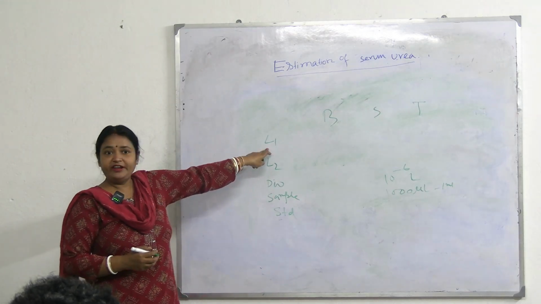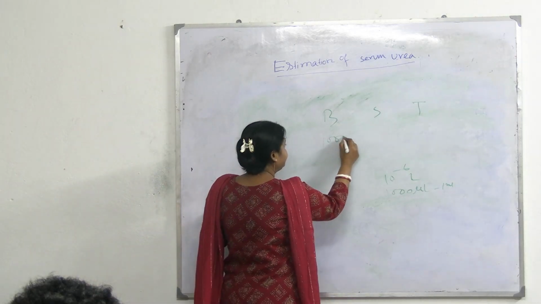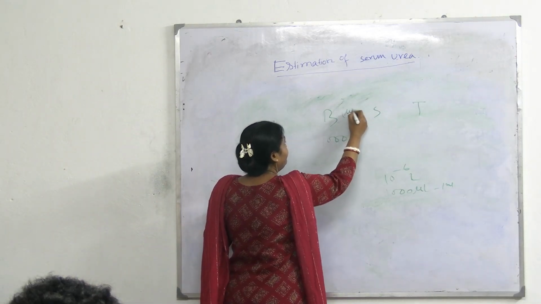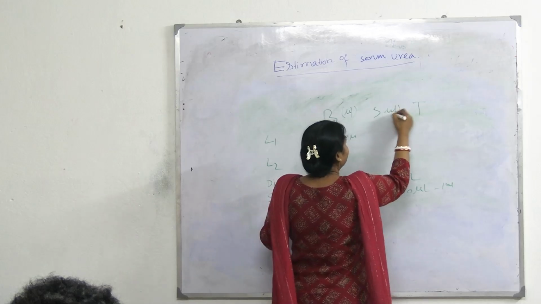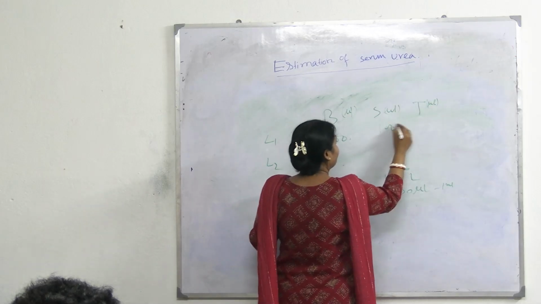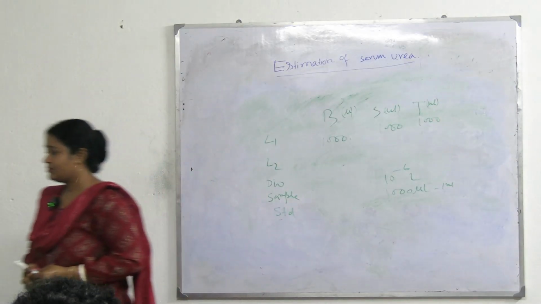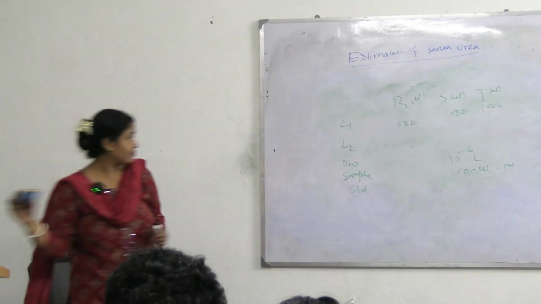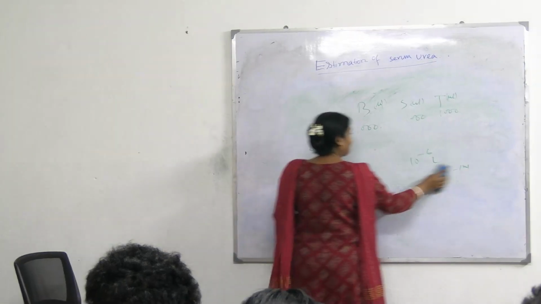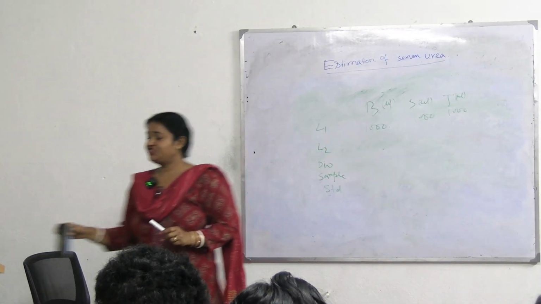Now first, L1 we had the buffer. We will take 1000, this is all in microliter. L2 is enzyme reagent.